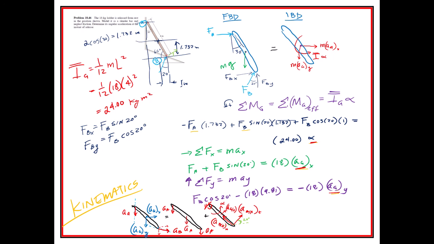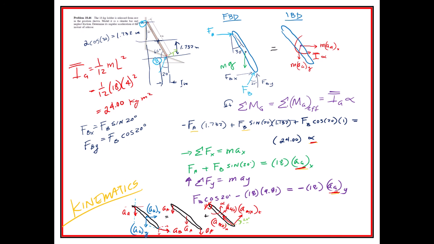So that's going to allow us to make this connection between alpha and G. And it's really this horizontal direction that's going to help us out the most, I believe. But anyway, that's the process for going through there in a generic problem.